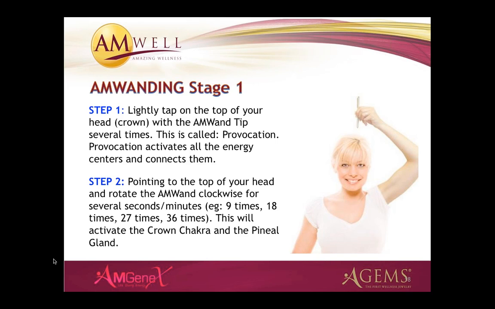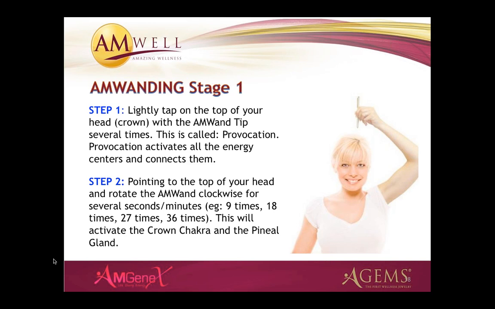For example, the first step in M1 is when you tap lightly on the top of your head, that's on the crown, with the black tip wand or with the wand. It is called the provocation, and it activates all the energy centers and connects them. Step 2 is pointing to the top of the head and rotating the M1 clockwise for several seconds or minutes, 9 times, 18 times, 27 times, or whatever it is.